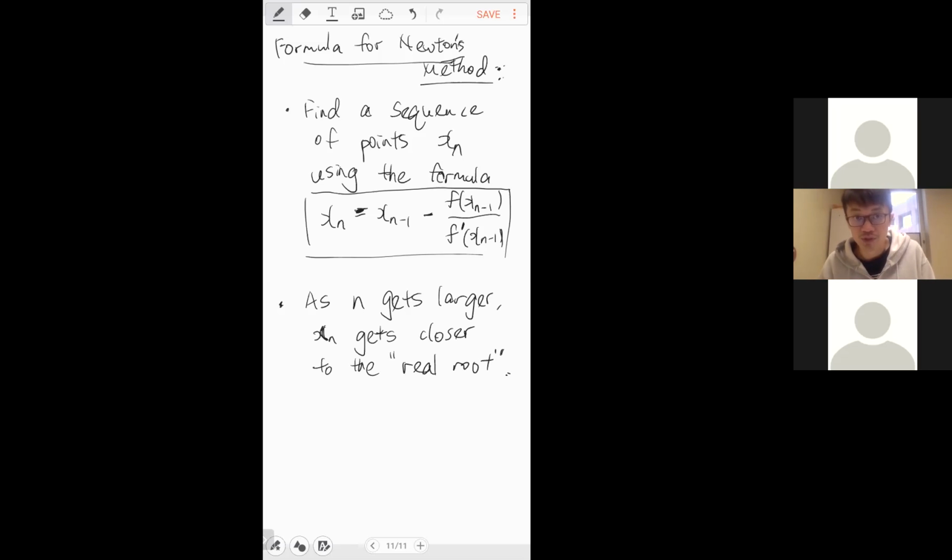So if you do more points, the approximation would be more accurate. That's what I'm saying. Does it make sense? And that's a formula you need to remember.